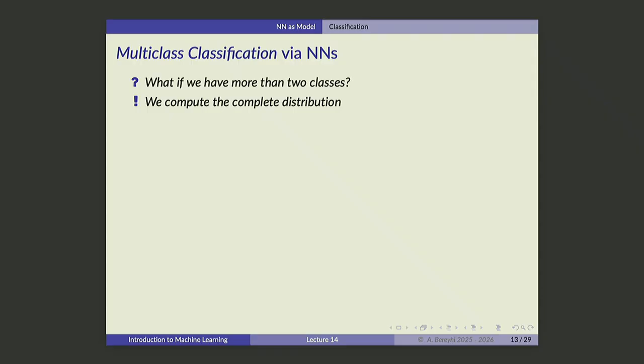Now, you want to have some numbers here, which are the probability of each class, right? So you want your neural network to give you C different numbers, and these numbers must be describing a distribution, right? Everybody's cool? Okay, how can we do this?